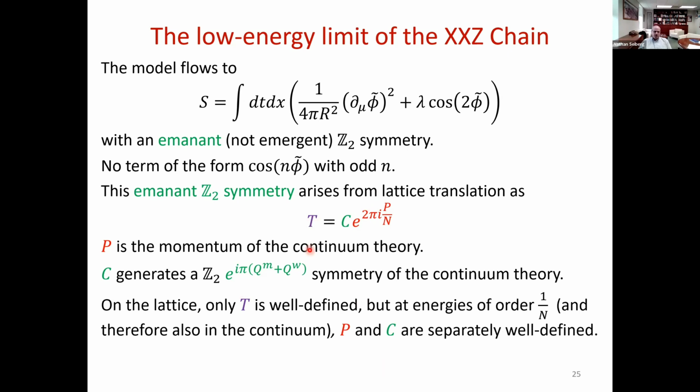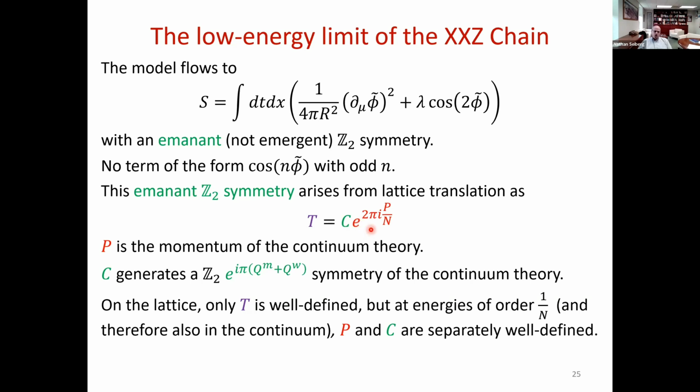On the lattice, only the left-hand side is well-defined because there are states in the spectrum which have P of order n, and we can't tell whether P comes from 0 or from n over 2. And we can't tell the value of C. But as long as the eigenvalues of P are much smaller than n, there's a clear separation between this factor and that factor.